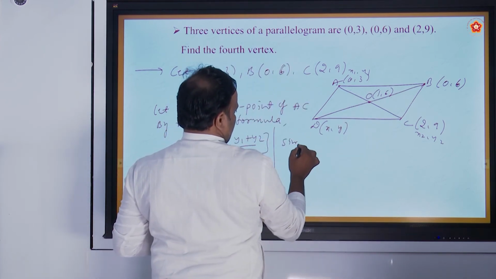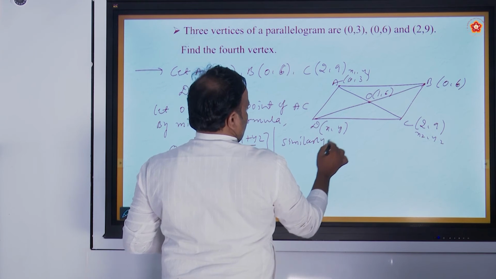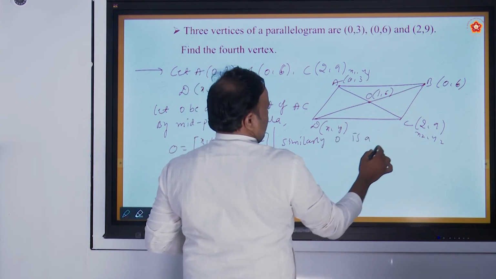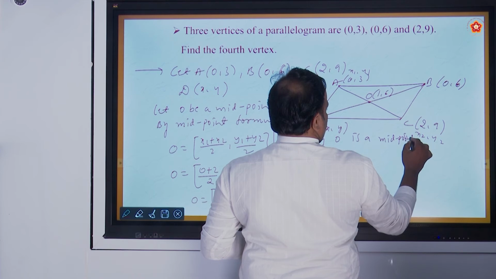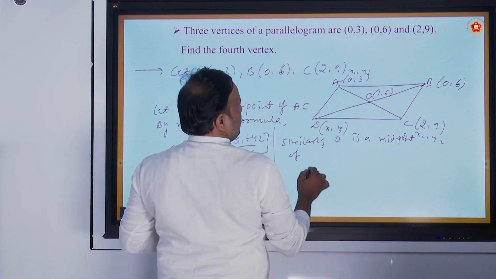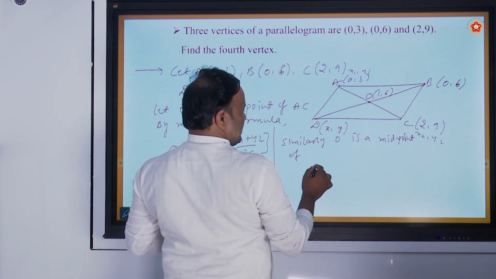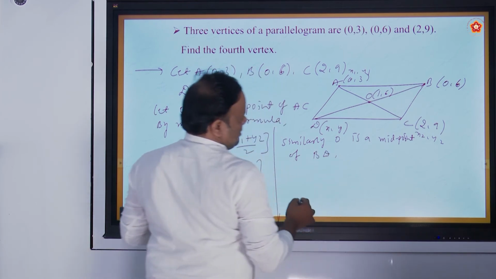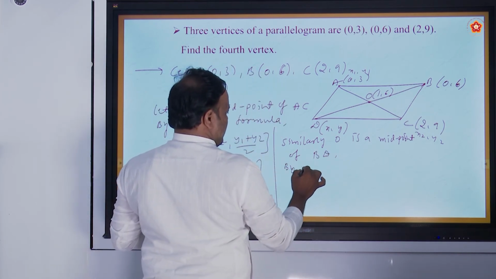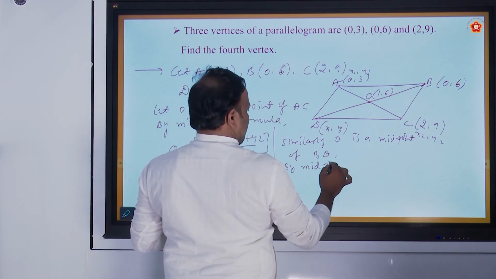Similarly, O is a midpoint of BD. Correct. So once again, by using the midpoint formula.